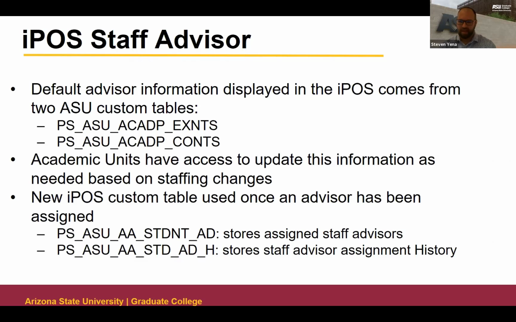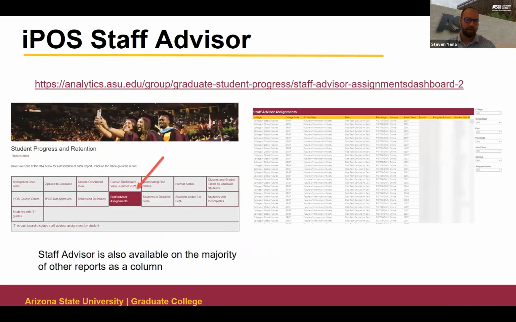So that's iPOS staff advisor. And we do have a report available. It's called the staff advisor assignment. Get a list of all the programs and assigned advisors to what students. We also, with our recent rewrite of our data model, have most of the reports now also have staff advisor as a column available.